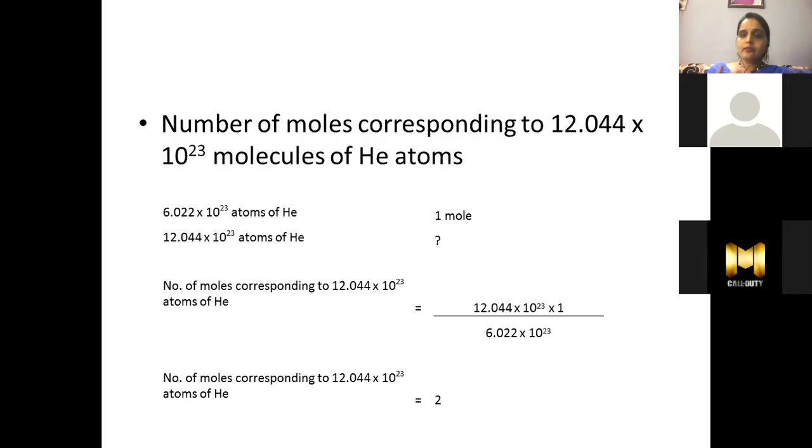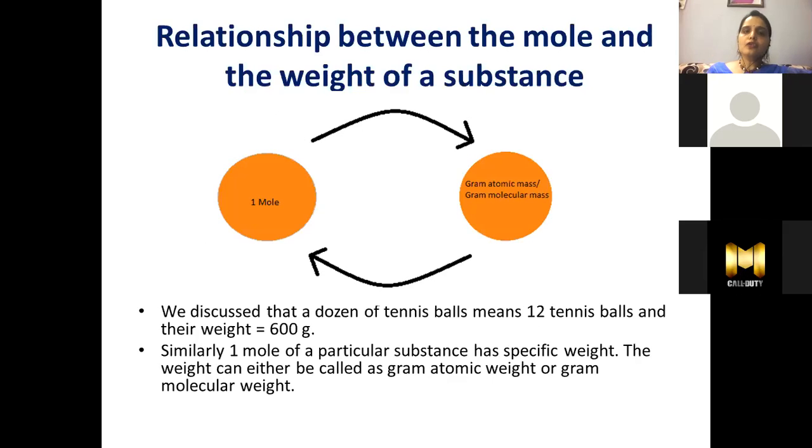Now atoms and molecules are so tiny, but even though they are tiny, they have mass and they have weight. In chemistry, chemists use the word weight. So now we are going to discuss the relationship between the mole and the weight of a substance.